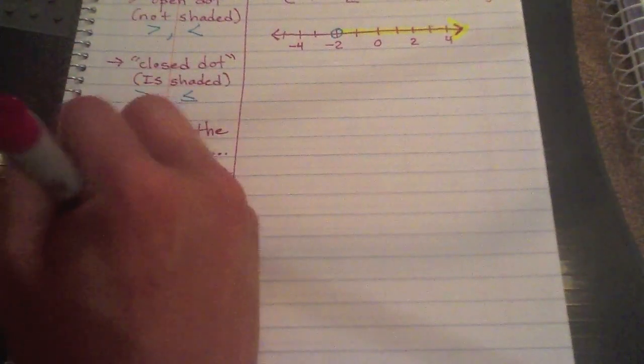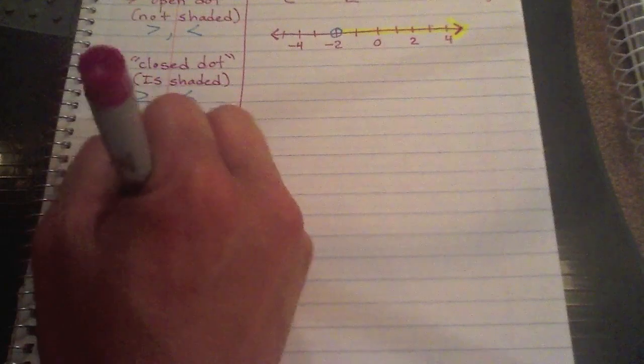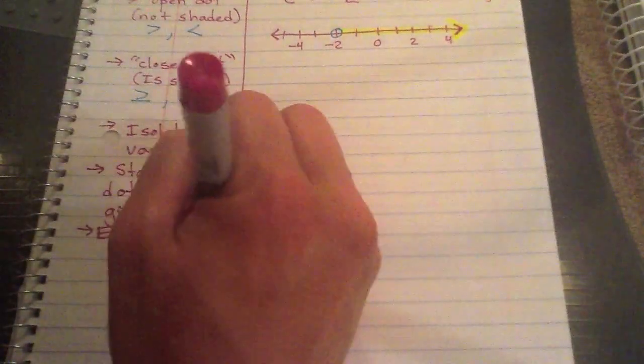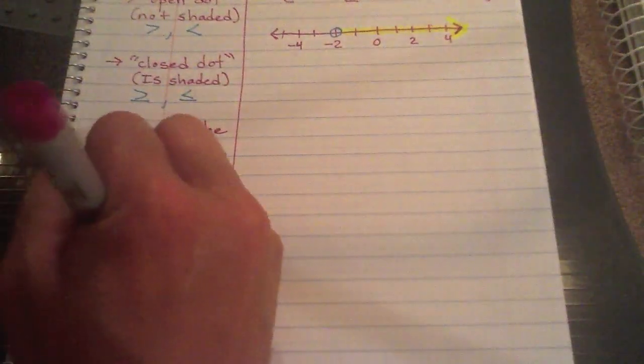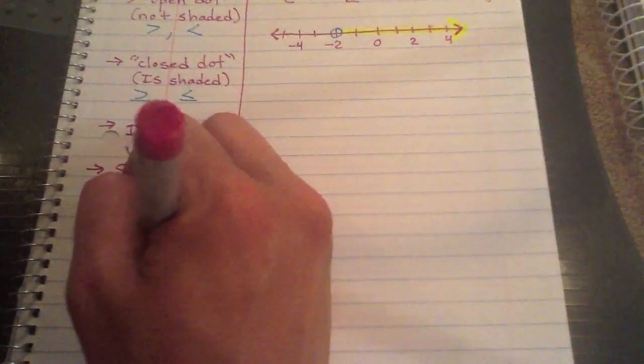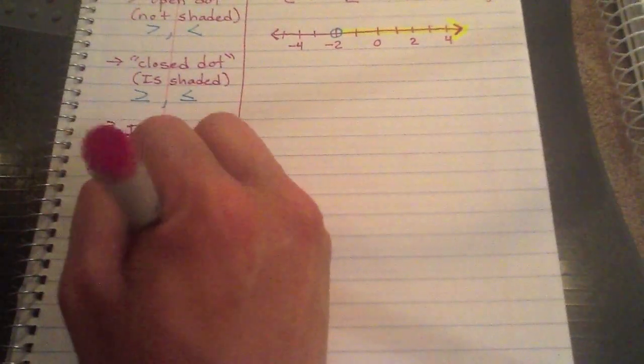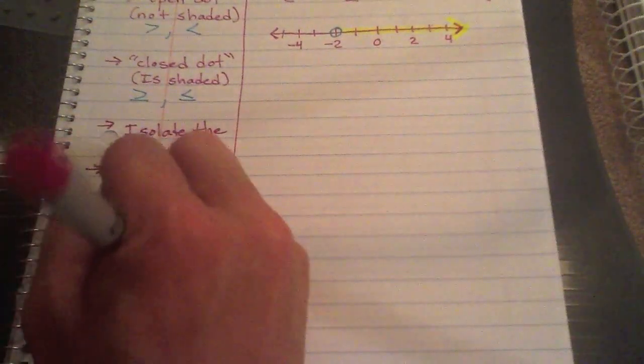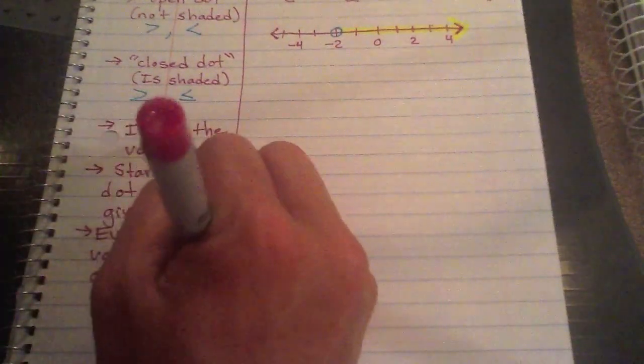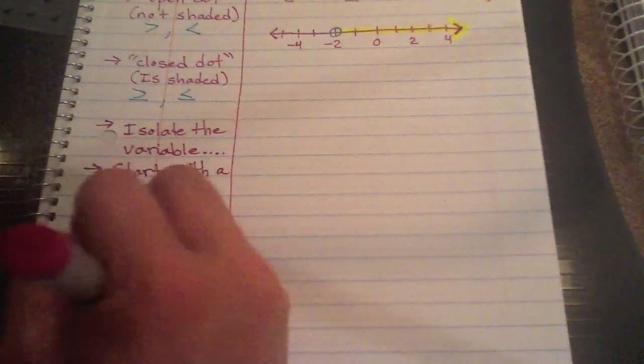Then you're going to evaluate with a value above or below that number on the number line.